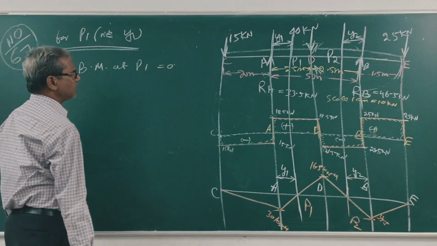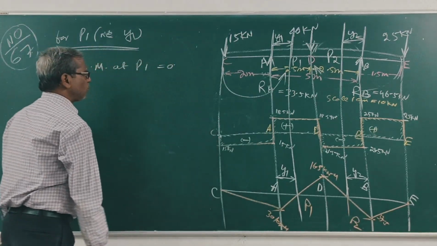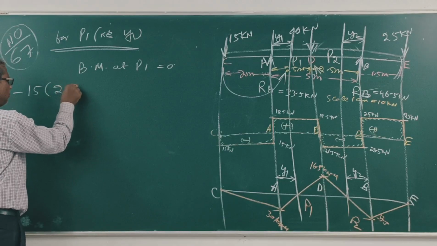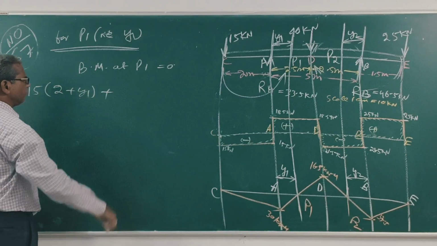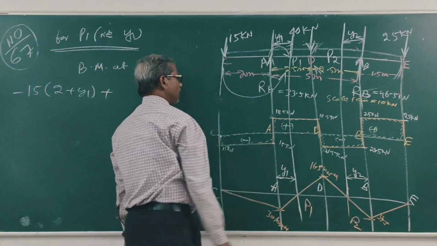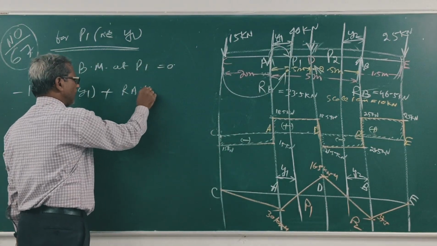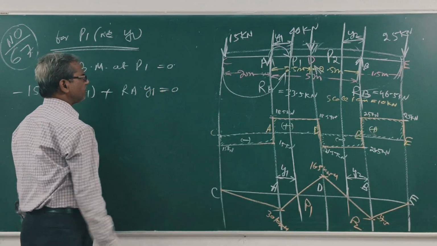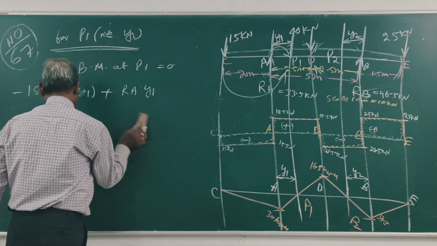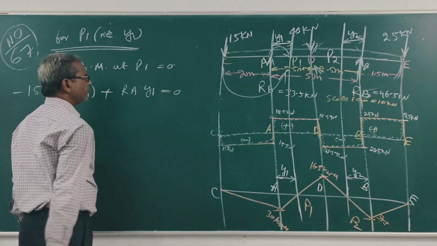So this into this: 15 into 2 plus y1, minus 15 into 2 plus y1, plus R into y1 is 0.